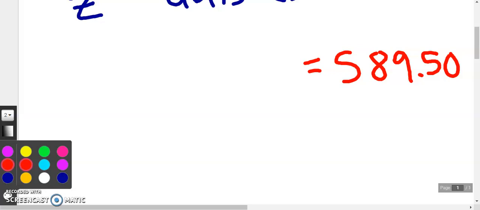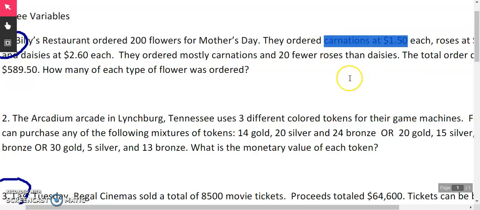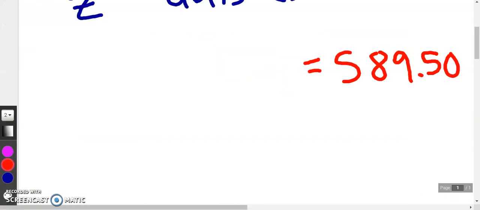To figure out what my equation should look like, I'm going to go back to the paragraph and look for any dollar amounts that I see. The first thing I notice is that the carnations are $1.50 each. So in my equation, I'll start with 1.5x.